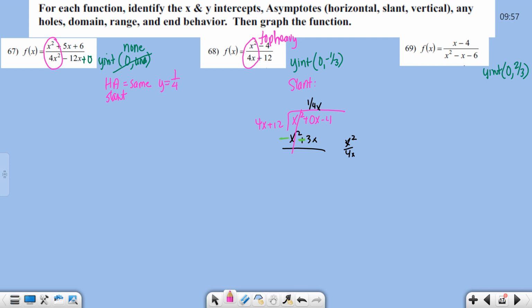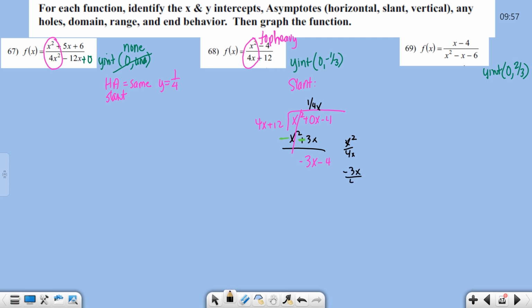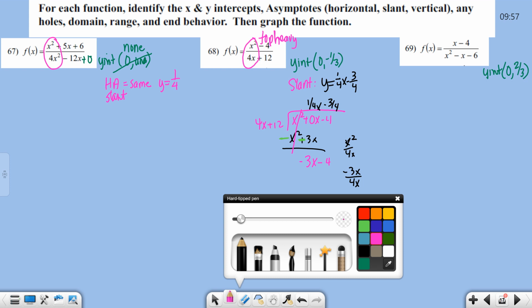The x squared terms eliminate, gives me negative 3x, bring down the next term. Check again. What is negative 3x divided by 4x? That's right, it is negative 3/4. You do not have to go any farther. You have the equation of your slant asymptote. Y equals 1/4 x minus 3/4. Done. There is no horizontal.